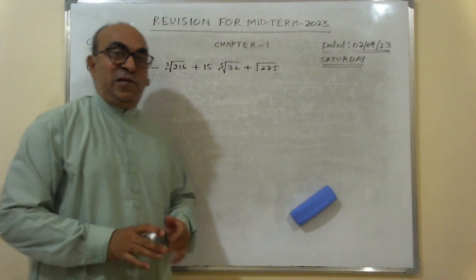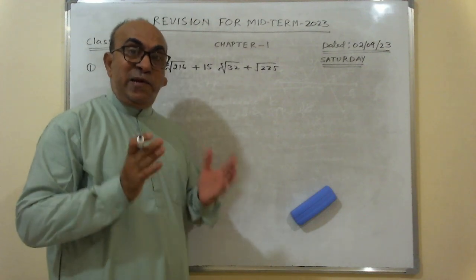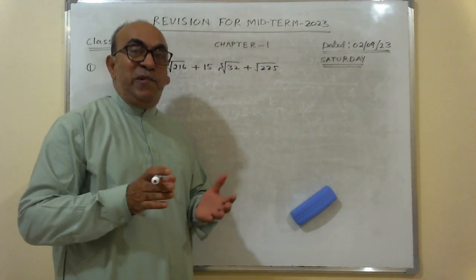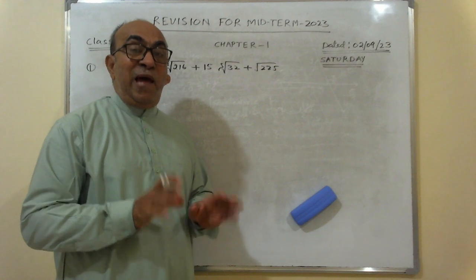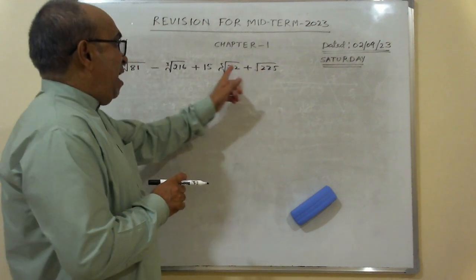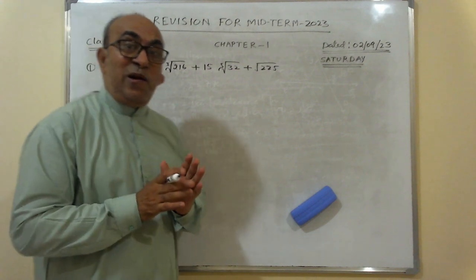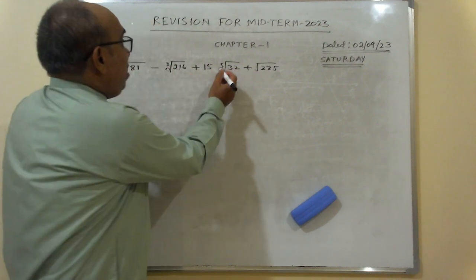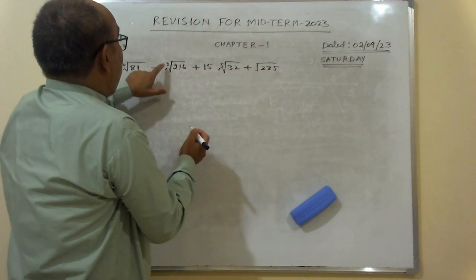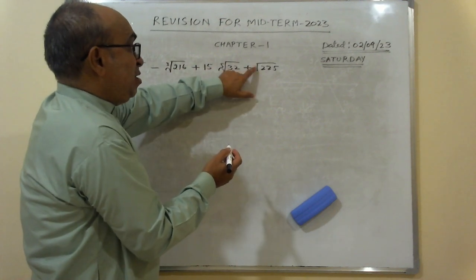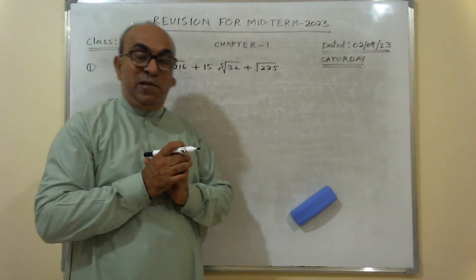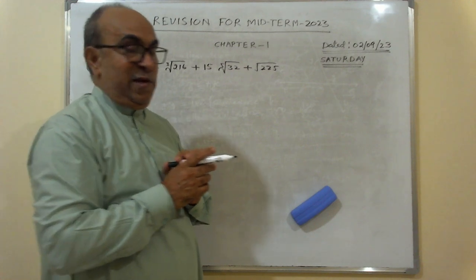These are radicals. If we want to simplify radicals, this number, 32, 225, 216, 81, these are called the radicand. The number written here, 5, 3, 4, and here nothing, it is 2. This is called the index number or order of the radical.